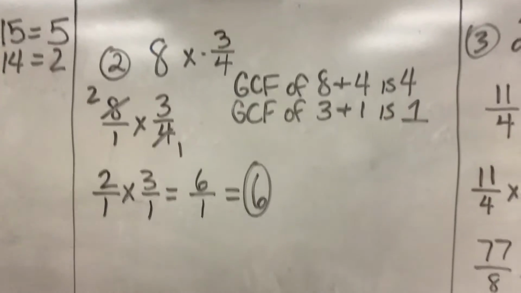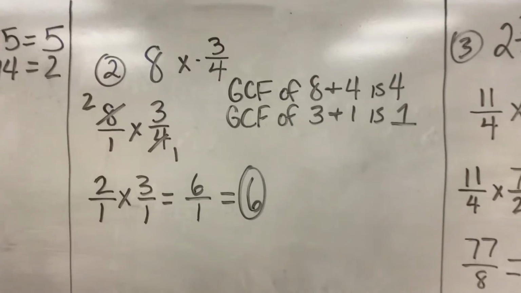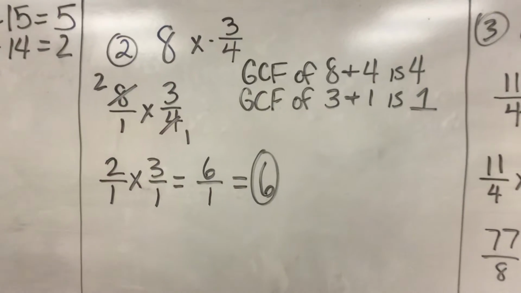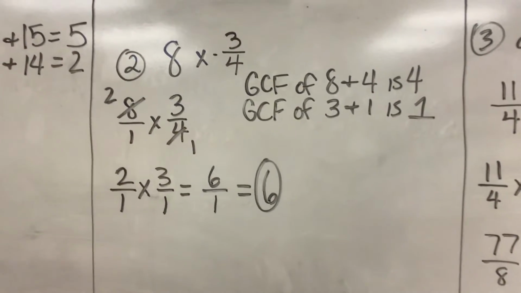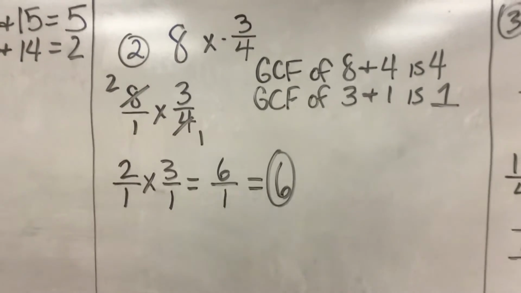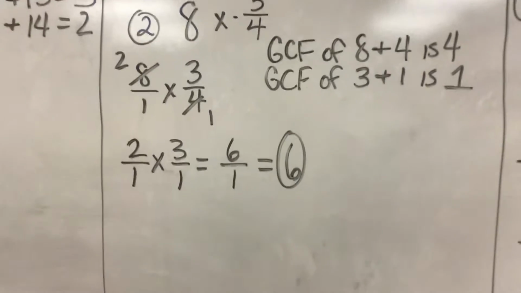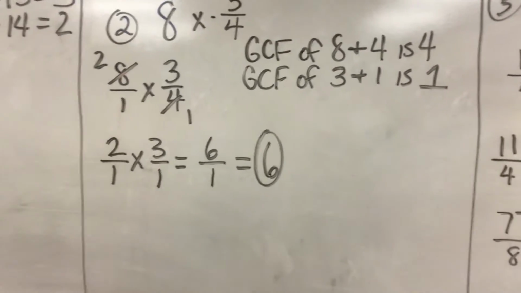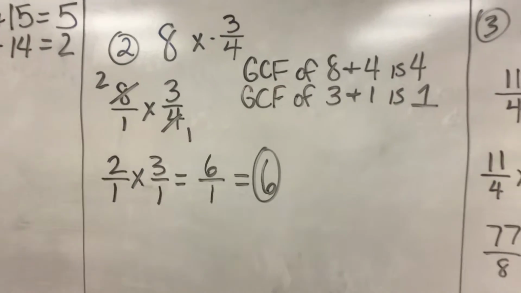The greatest common factor for 3 and 1 is 1. That's important because if my greatest common factor is 1, then I don't need to do anything. I divide 8 and 4 by 4, and I get 2 and 1. 8 divided by 4 is 2. 4 divided by 4 is 1. After that, all I need to do is rewrite the problem and multiply.